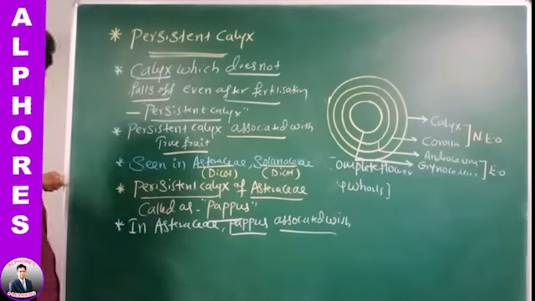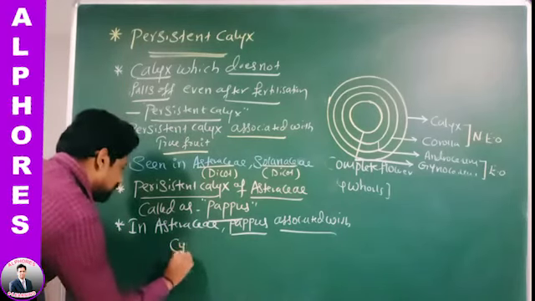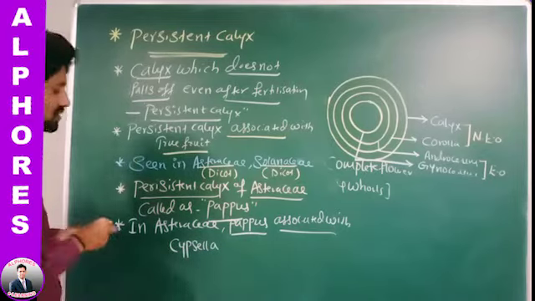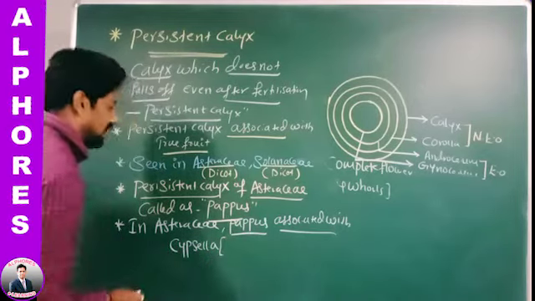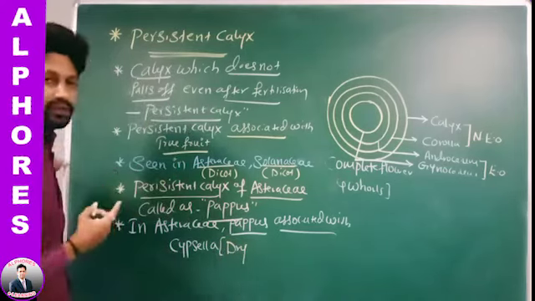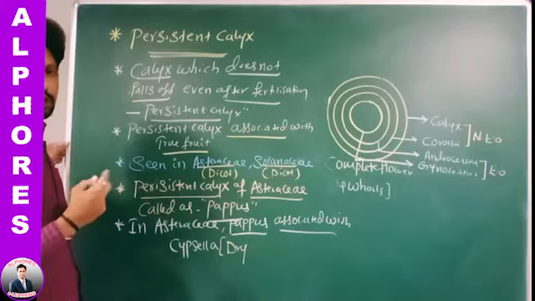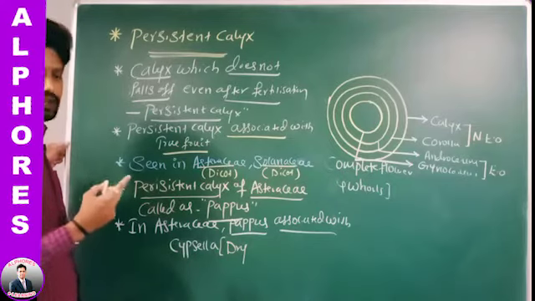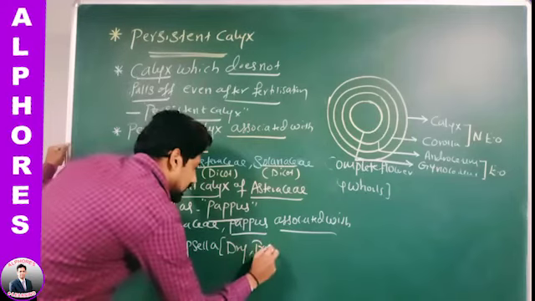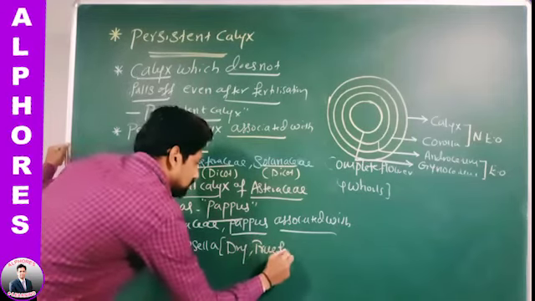It is associated with cypsela. Sir, cypsela is a type of dry fruit. Cypsela is a type of which fruit, sir? Dry fruit. Is it a true fruit or false fruit, sir? It's a true fruit. Therefore, it is a dry true fruit.